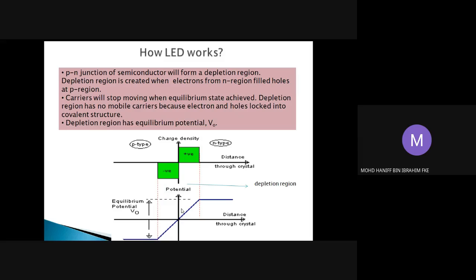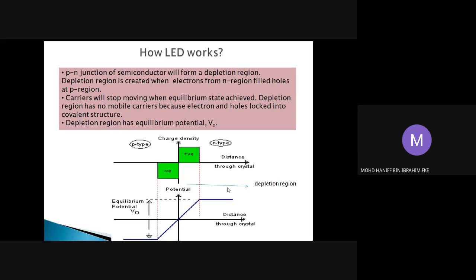The potential difference across the depletion region is V naught, the potential difference between the N type and the P type at the depletion region boundary. This is the case without any voltage or current applied to the PN junction.